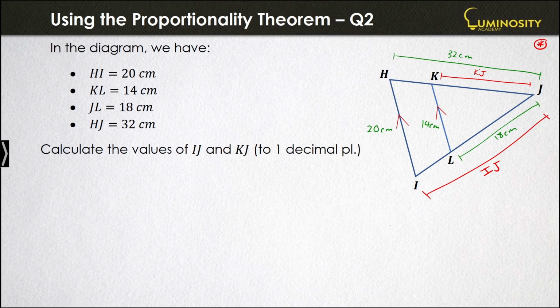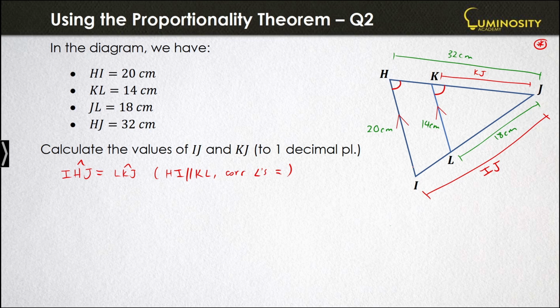Well, I can first of all see that in this triangle, because of the parallel lines, HI and KL, I immediately like to put some information on the triangles. So this angle here and this angle here are equal, so I'll say that angle IHJ is equal to angle LKJ, and that is because HI is parallel to KL and these are corresponding angles equal.